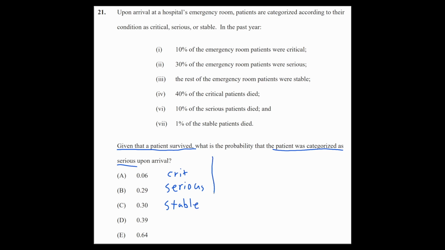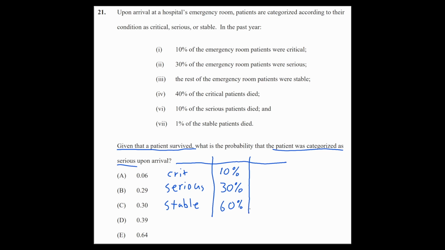And then the probability of the distribution of patients, right? So 10% of all patients were critical, 30% of all patients were serious, and 60% of all patients were stable.